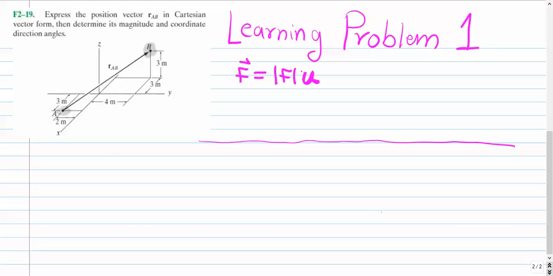So let's say we have a force vector from point A to point B on this diagram. And let's say the question says the magnitude of the force vector is 100 newtons. So our force vector AB would be equal to the magnitude of the vector, that is 100 newtons, times the unit vector.